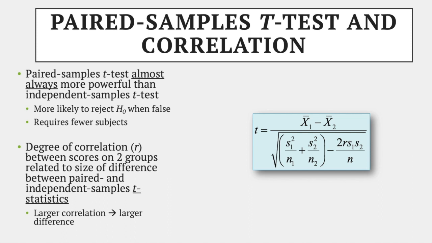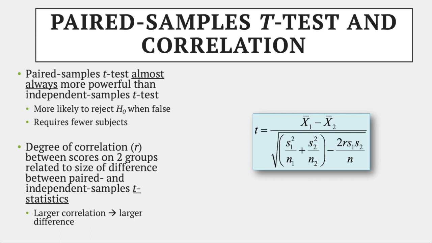And the difference between those 2 tests, their t statistics that actually come out, is going to depend on the correlation. So if the time 1 and time 2 are really closely correlated, there's going to be a bigger difference. In other words, the stronger the correlation, the better it is to use a paired sample t-test.